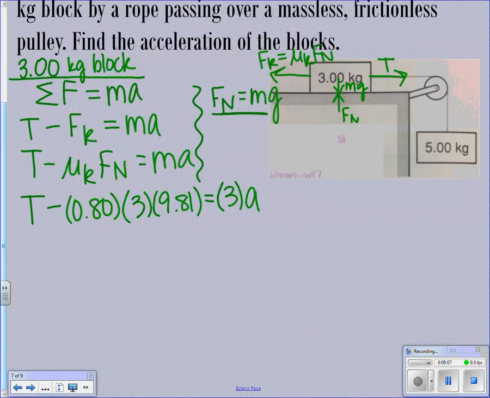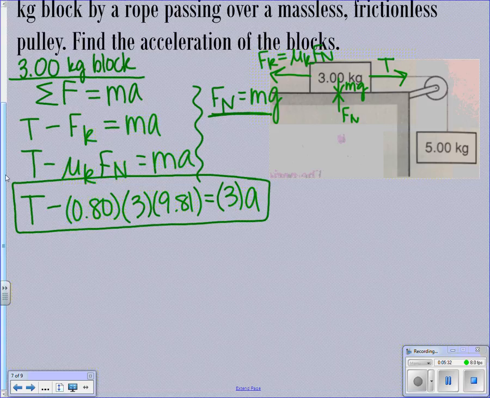Now this equation right here, we don't necessarily need it for this problem because they told us what our mass and our gravity are, so we can easily find our F sub n. But it's possible that we may need to find some of that information for another problem in the future. So we have this equation here. I'm going to box it because we're going to need it in a little bit.